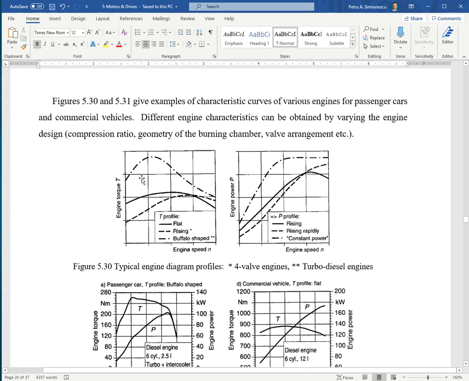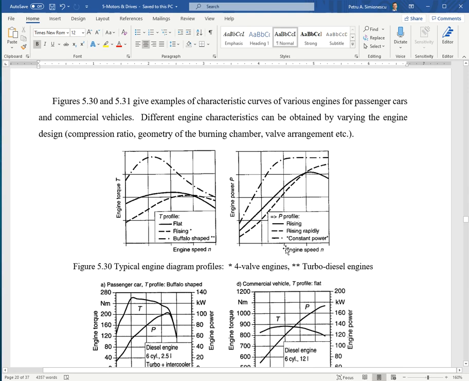For real engines, we can have various appearances of the torque and speed curve, torque and power curves, that is, as a function of engine speed. And again, these are full throttle.